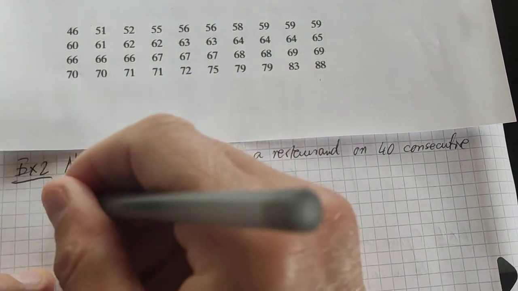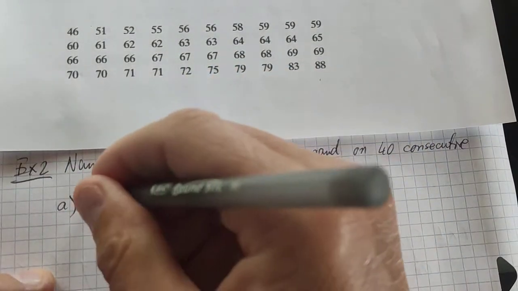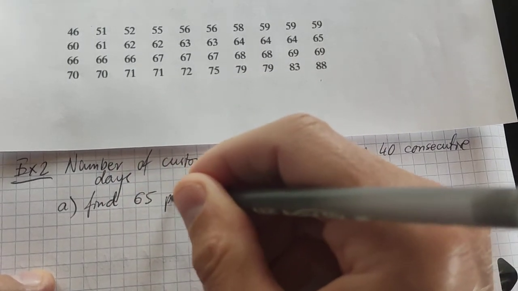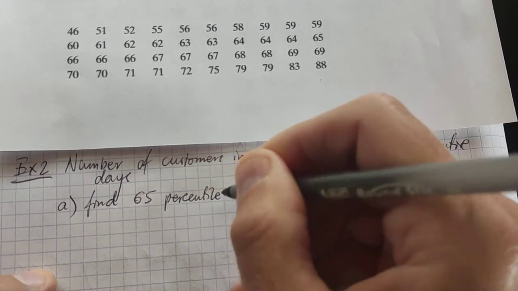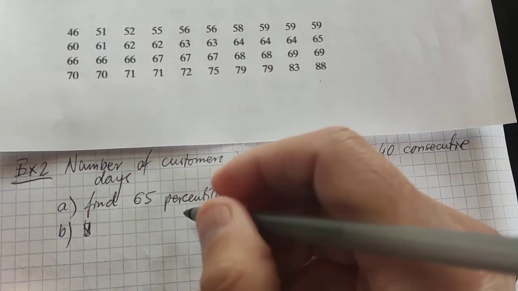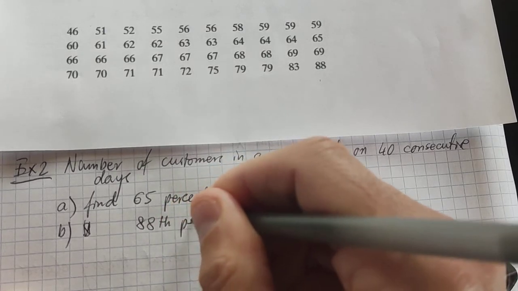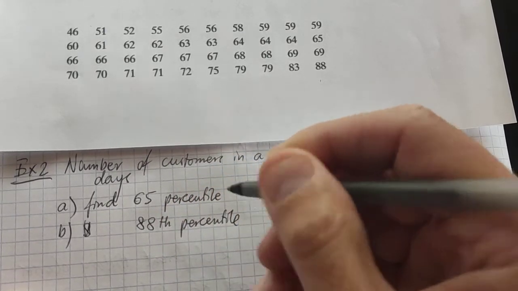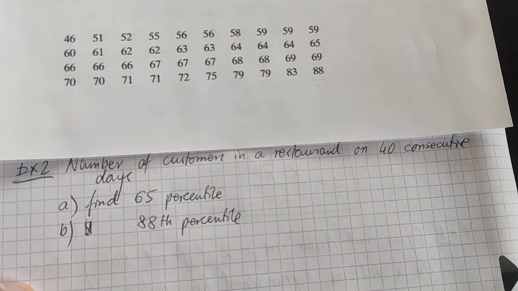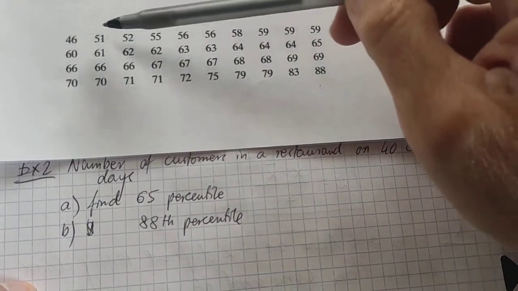And what do we need to do? We need to calculate, A, the 65th percentile, and B, find the 88th. Basically we'll figure out the 65th percentile of this set.